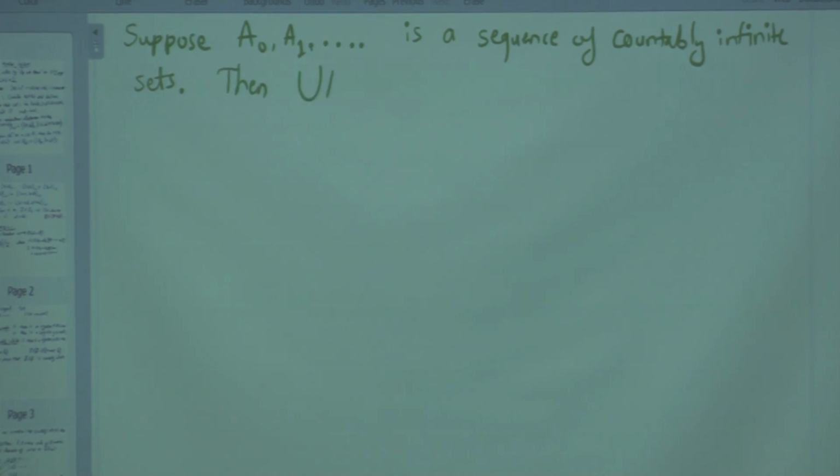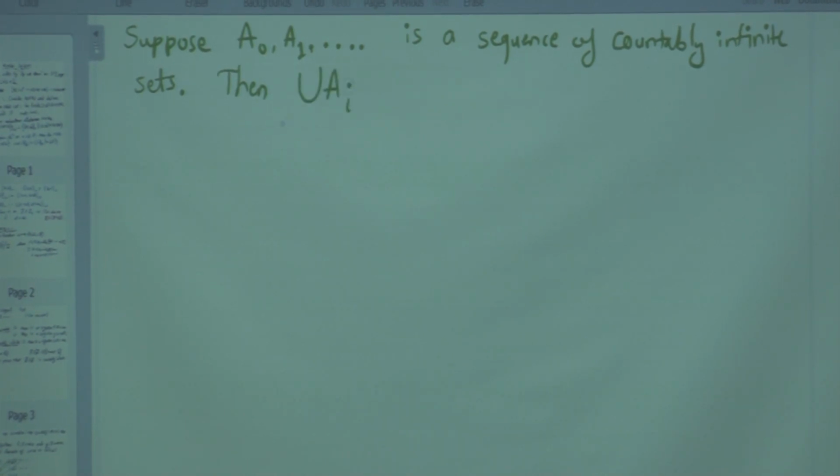Then the union of Ai, i in omega, is countably infinite. Yes? So two people have said yes so far.